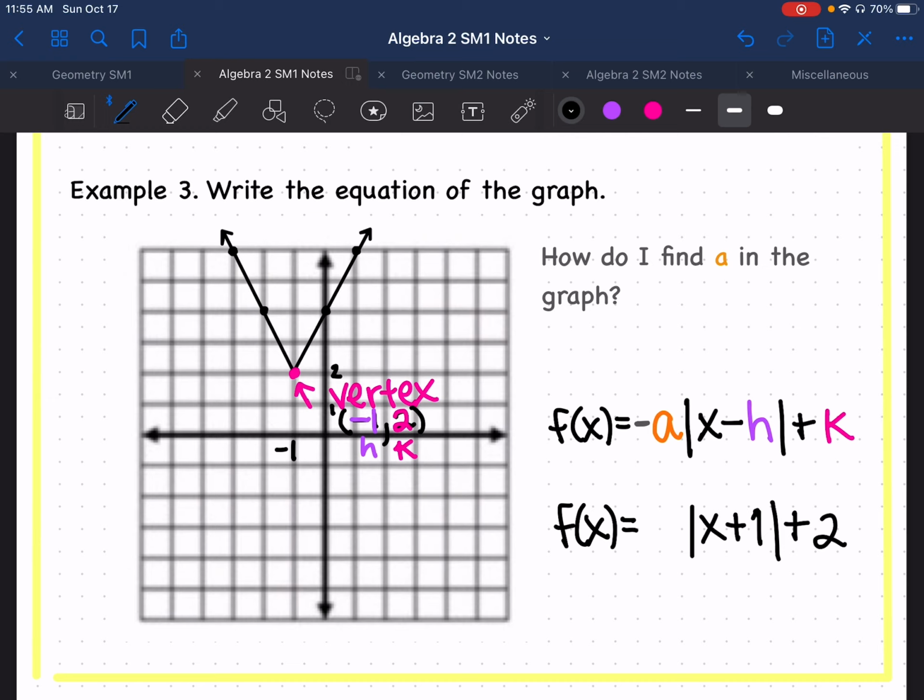How do I find A? Well, A is simply the slope of the right-hand side of the graph. It's simply the slope of the right-hand side.